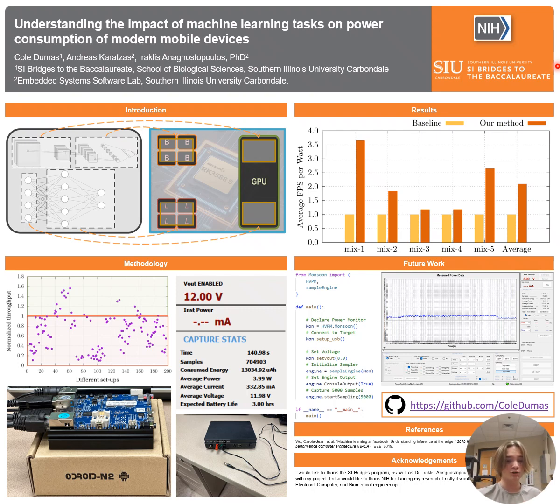The goal of my project was to find a way to allow this video and video game to run with great performance. So replace the video game and the video with machine learning tasks. Instead of having two videos, you have two machine learning tasks.